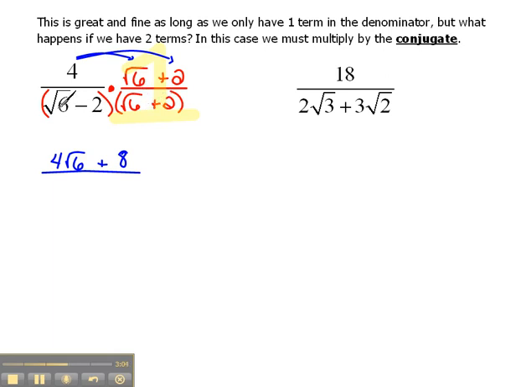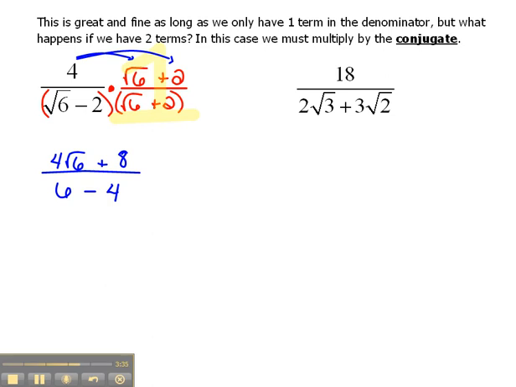Now multiplying the square root of 6 times the square root of 6 is the square root of 36, which is just 6. And we do that on purpose. And then the signs are opposite, so it would be minus 2 times 2, which is 4. By multiplying by that specific thing, we have forced that to be a difference of squares, and we didn't have to worry about that.